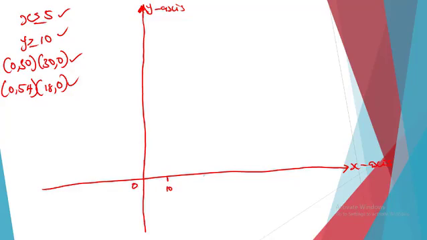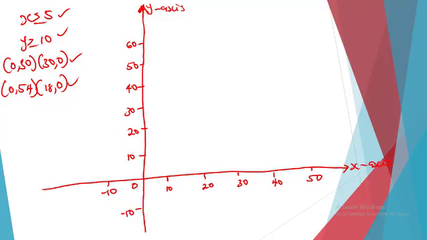Let's take here to be 10, 20, 30, 40, and 50. Here let it be 10, 20, 30, 40, 50, and 60. Okay, so here is minus 10, here is minus 10 too. Let's stop there.